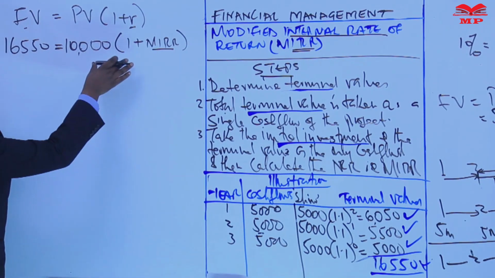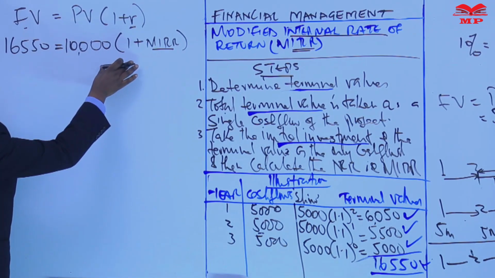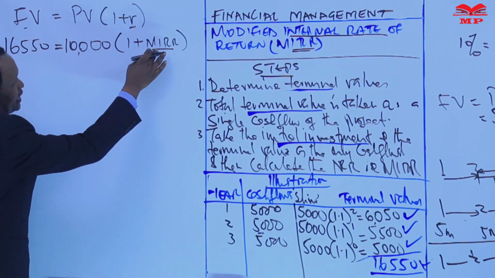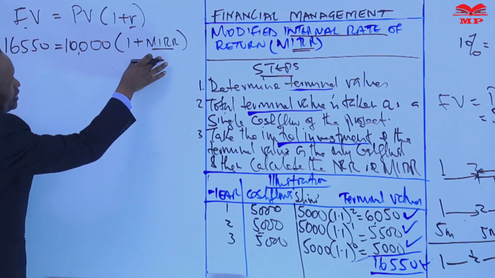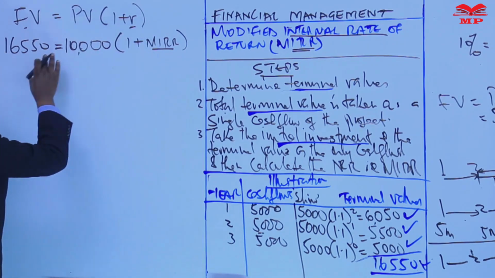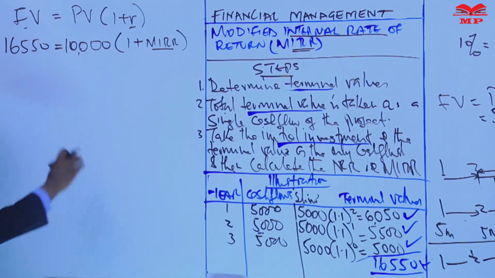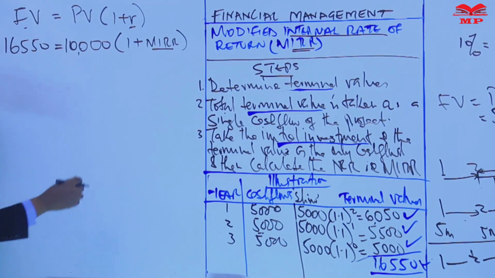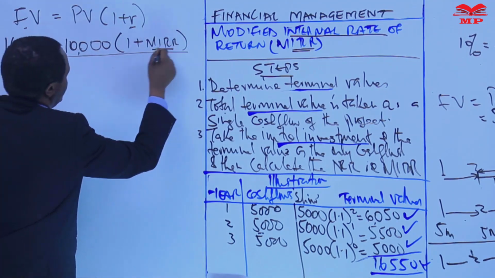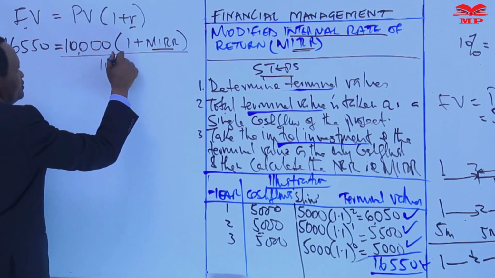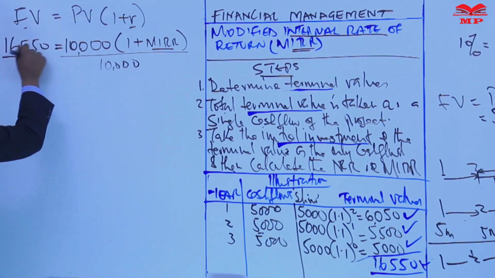So we are now going to calculate MIRR. We just make MIRR the subject of this equation. And how do we do it? Divide 10 million on both sides.